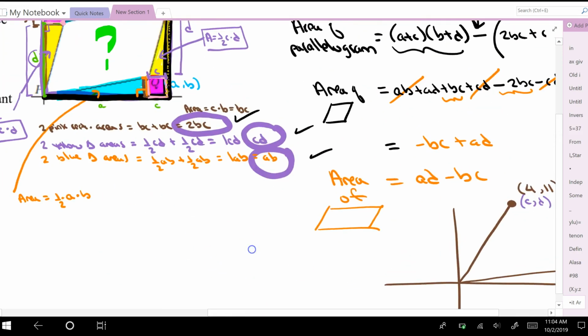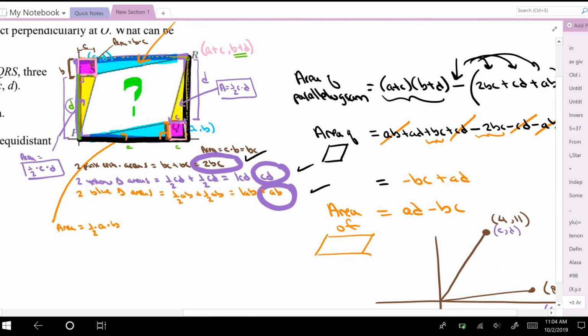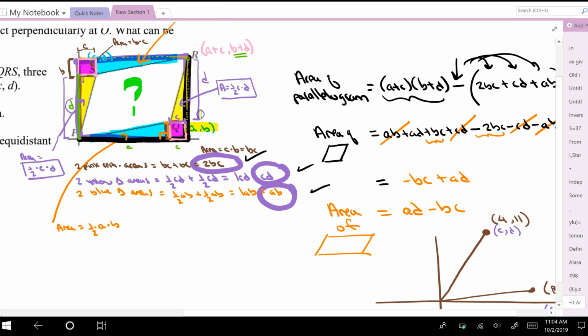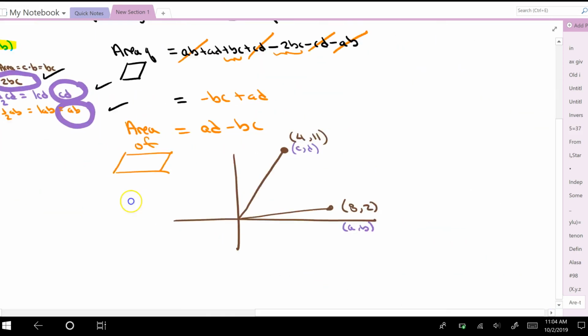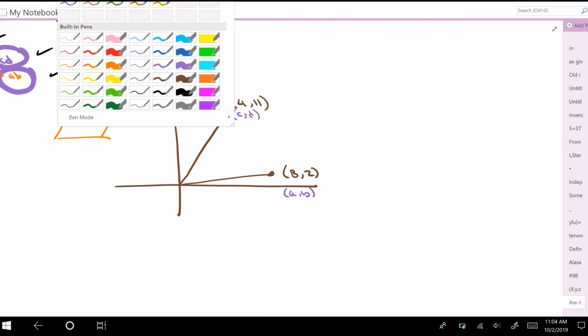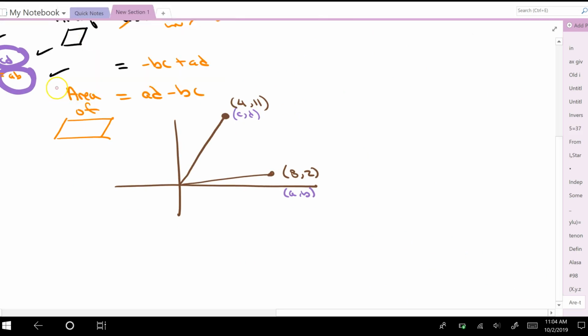Because all our generalization, this whole shortcut came about with the understanding that the points A, B, and C, D are right there. But now, look what you've got. If you have this beautiful rule right here, and you know that this AD and BC come from the ordered pairs of this parallelogram, guess what?